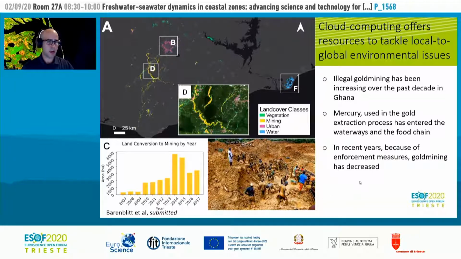But in more recent years, the country of Ghana has been working with their local agencies and using more of these satellite data sets, they've been able to do better on the enforcement side and conserve or protect more of these areas. And we've actually measured this decrease in mining. So again, these interactions between what's happening on the land are directly impacting those water resources. And in this case, adding mercury, essentially a poison, into the water.